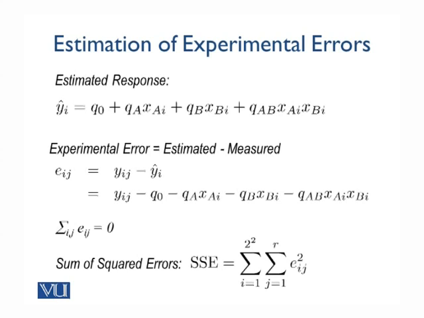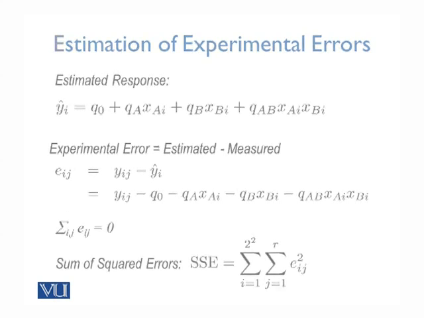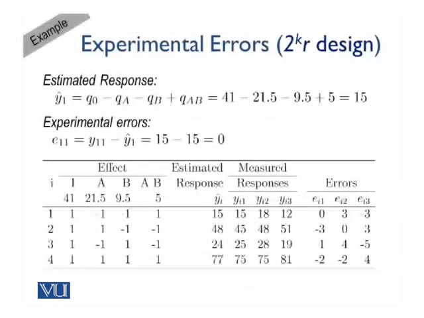This whole idea of the 2 raised to k into r design is best explained through an example, and we are going to continue on this example. We see that the estimated response according to the multiple regression model that we formed, the estimated response y_i with a hat on top, is 15, 48, 24 and 77, and we compare it with the measured responses, and from that we calculate the different values of e.